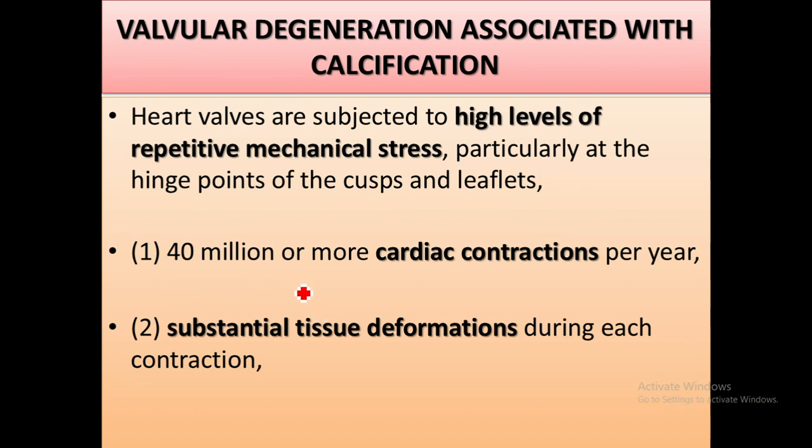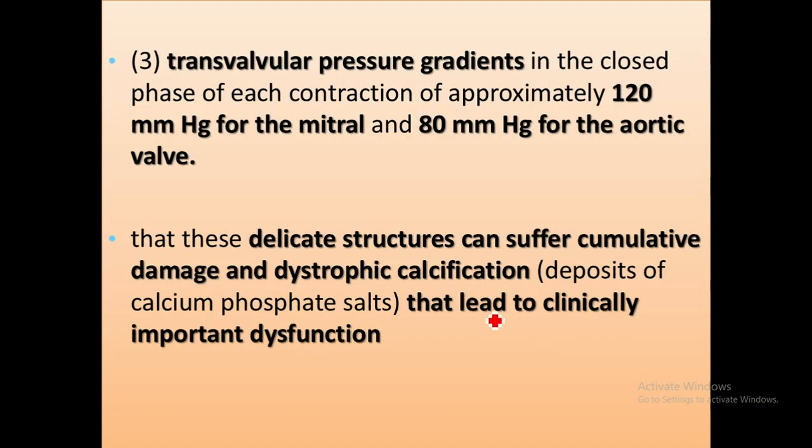There are 40 million or more cardiac contractions per year, plus substantial tissue deformation during each contraction, and even in normal circumstances, transvalvular pressure gradient in closed phase during each contraction reaches up to 120 millimeter of mercury in case of mitral and 80 millimeter of mercury in case of aortic valve. All these factors affect the valve, and this delicate structure can suffer cumulative damage and dystrophic calcification that lead to clinically important dysfunction.